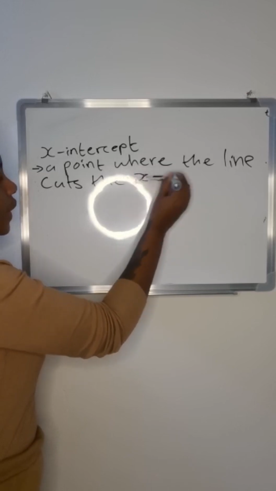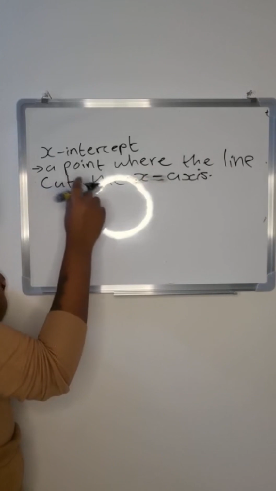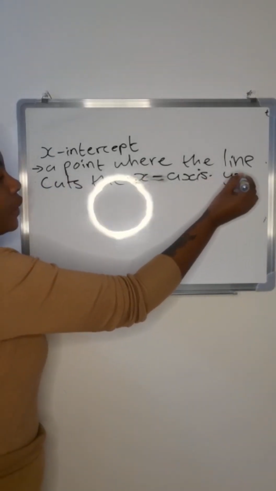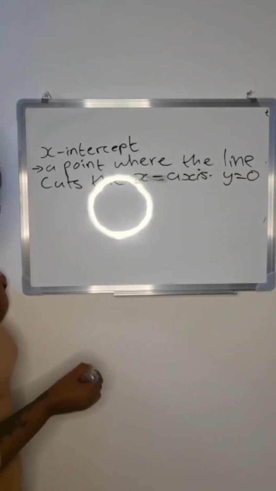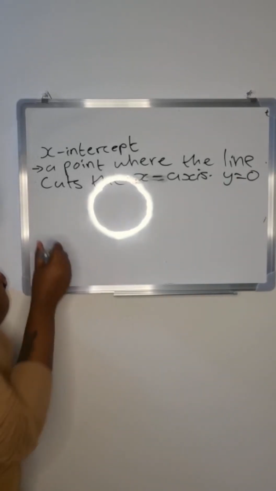At that point, y is equals to 0. Any point on the x-axis, y is equals to 0.